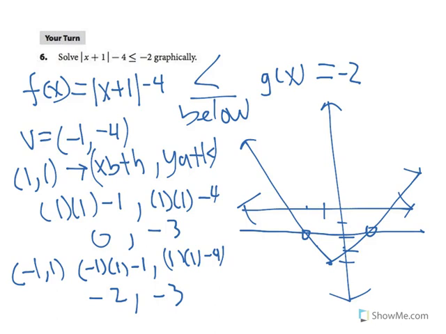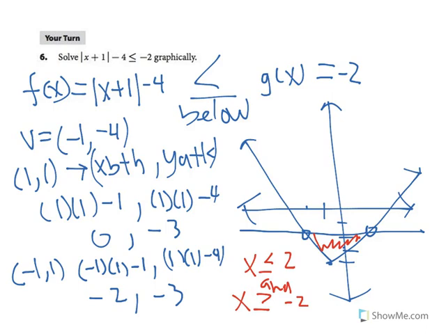And it is less than, so we're looking for below the graph. So it's going to be all of these. It's going to be x less than or equal to 2, and x greater than or equal to -2.